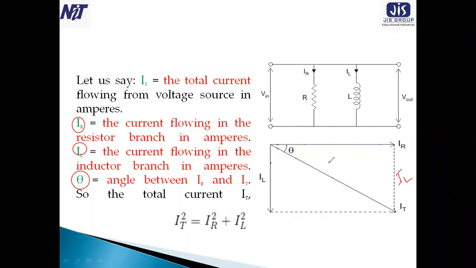So IT square equals IR square plus IL square. Fine, in this way we can find the current.